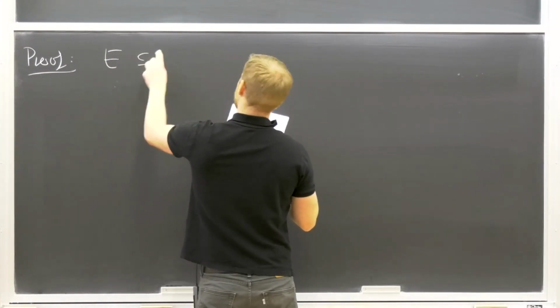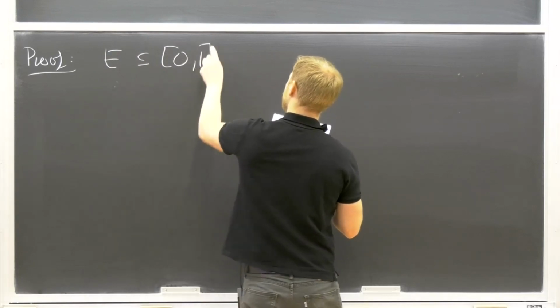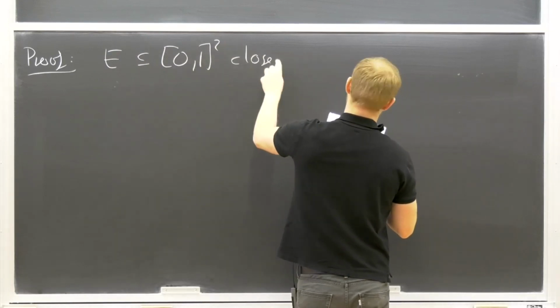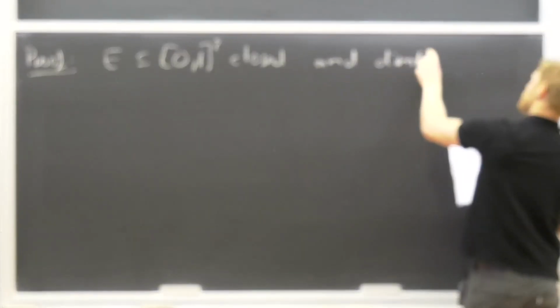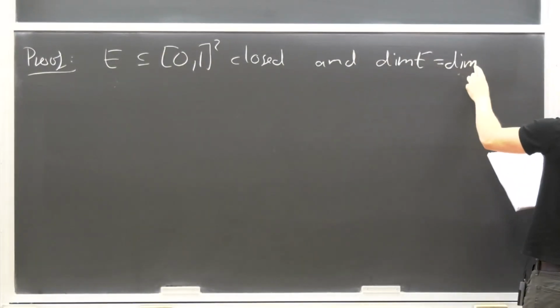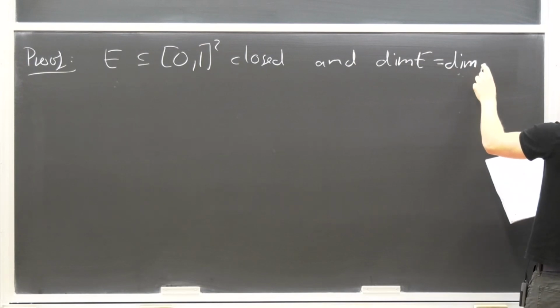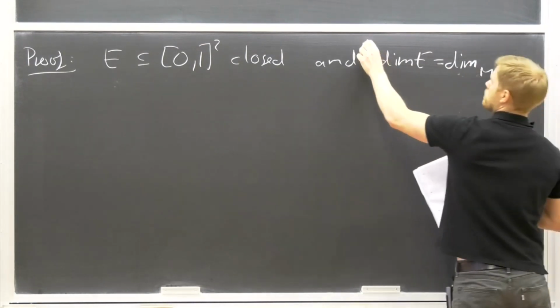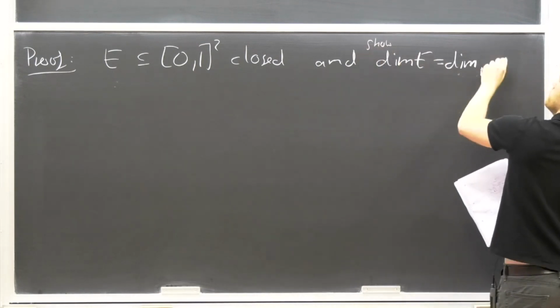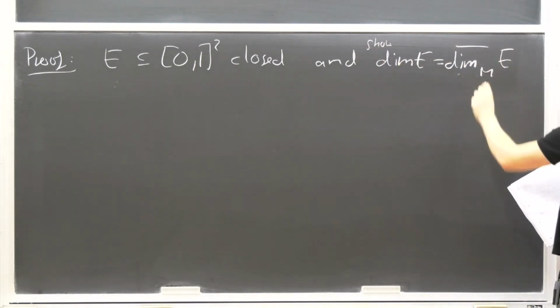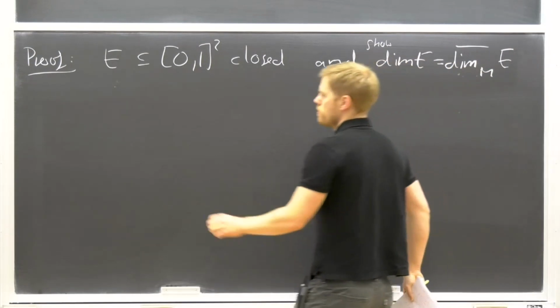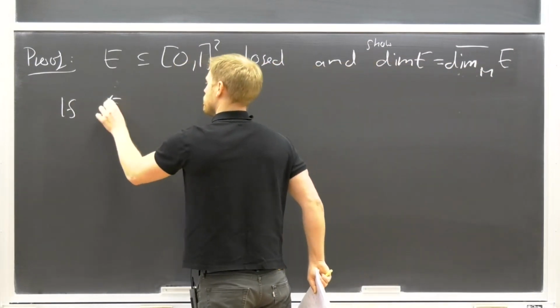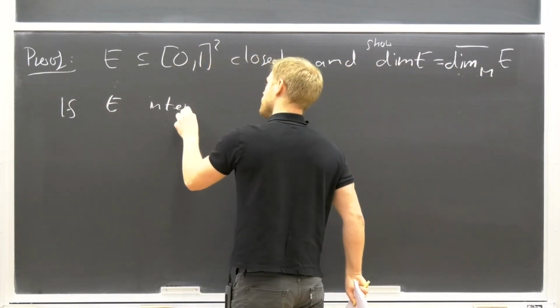So really now what we have is 0, 1, 2 closed, and we want to show that this is the case. So now we get rid of the boring cases.